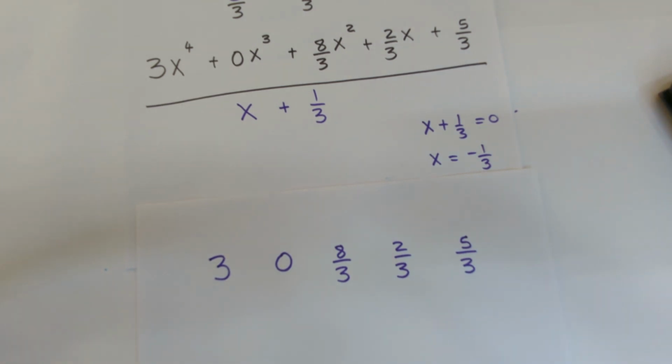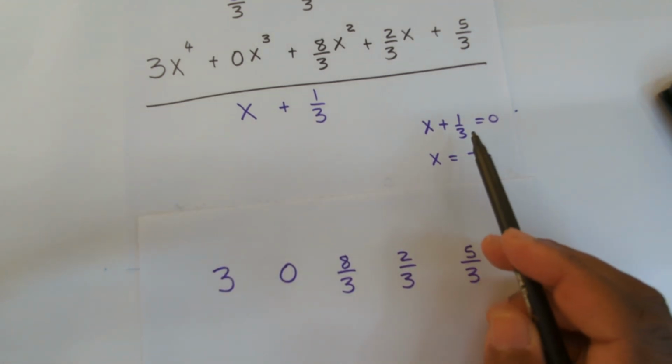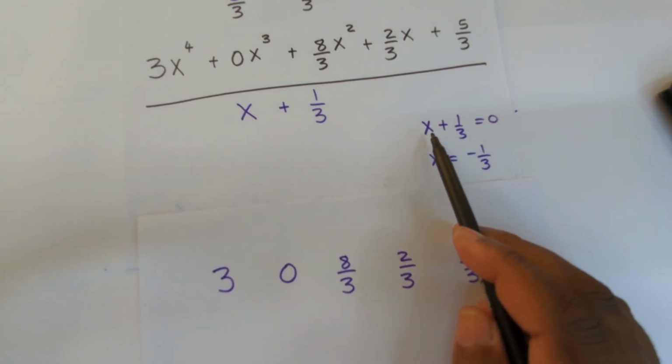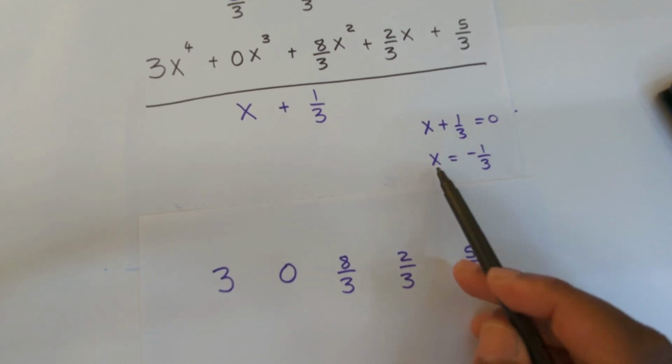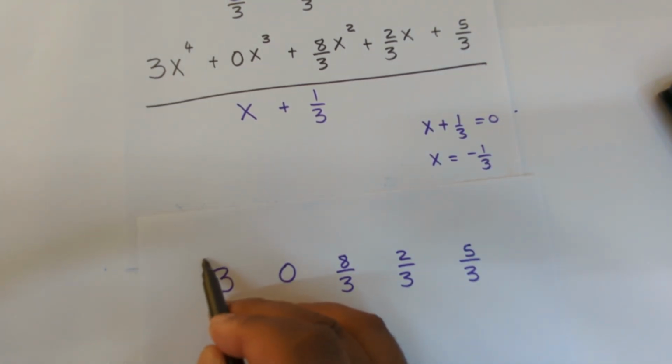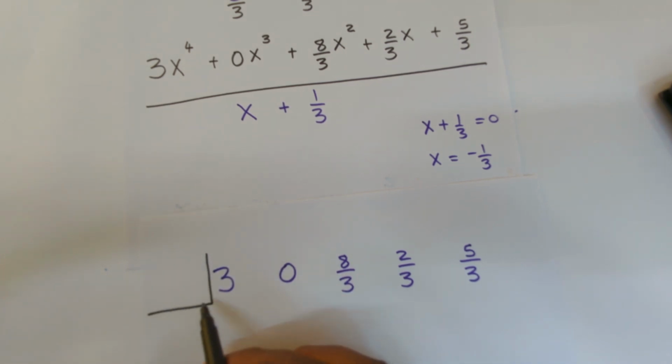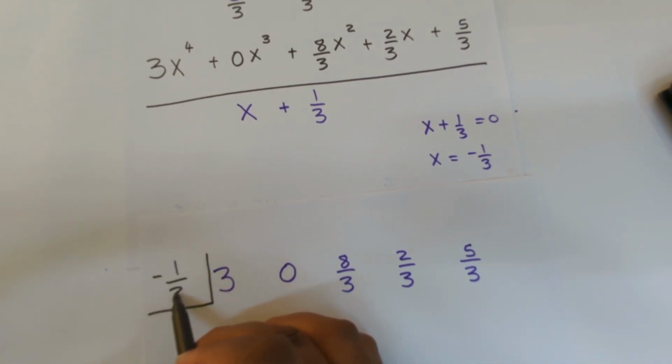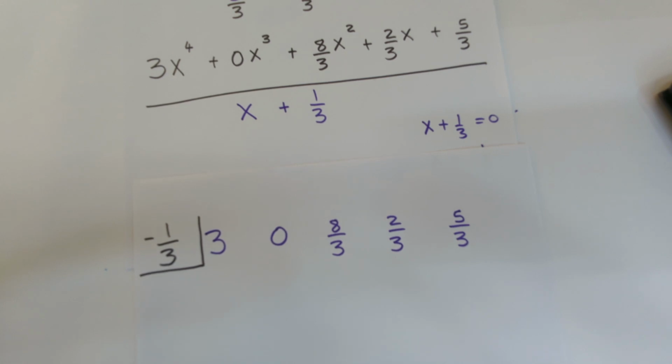And we put the value of x that we got from solving this equation, x plus 1 over 3 is equal to 0. So this gave us x to be negative 1 over 3. So let's put negative 1 over 3 there.